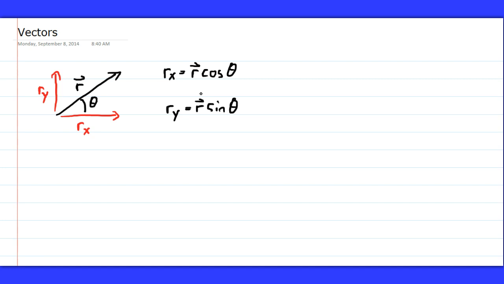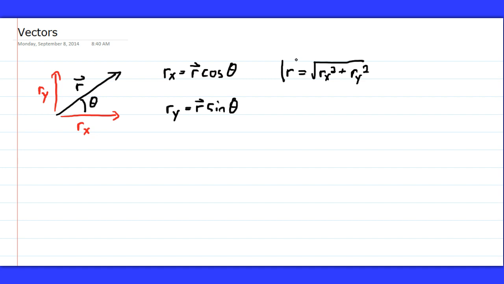If I have our two components, rx and ry, I can find the magnitude of vector r by using the Pythagorean theorem. So I can say the magnitude of r will equal the square root of rx squared plus ry squared. But this doesn't give me the actual vector quantity.